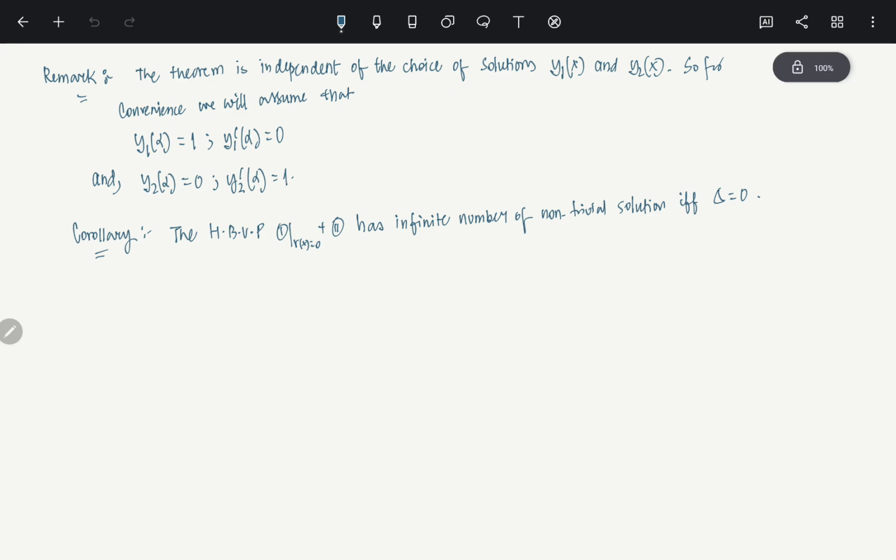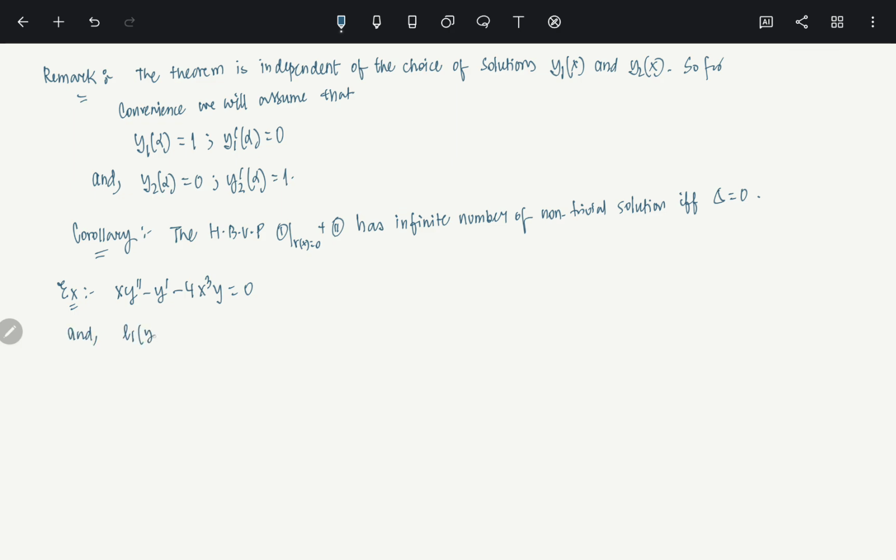Now let's look at one example of what exactly we are talking about. What can we deduce out of this theorem? Consider this equation: x y double prime minus y prime minus 4 x cube y equals 0, and the boundary data.